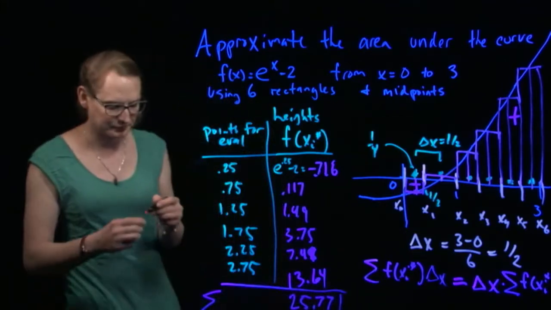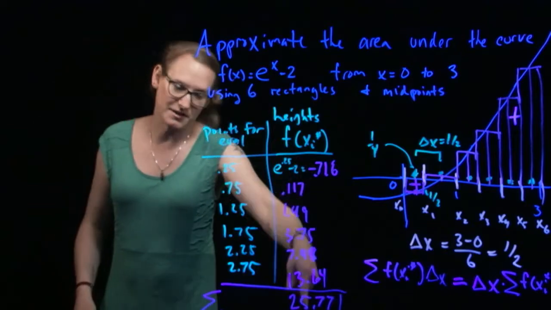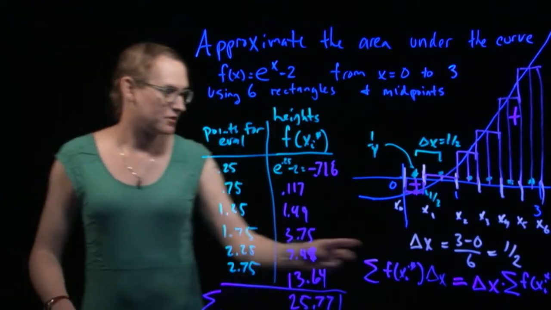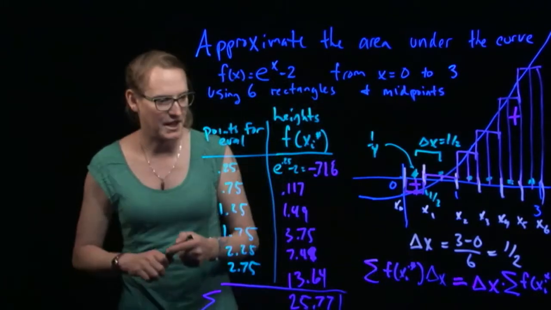So the sum of those is 25.771. There is a way to do this in a TI and get it to do the sum for you, but I'm not going to teach you how to do that right now. So that's the sum. Now I need to multiply it by delta x.